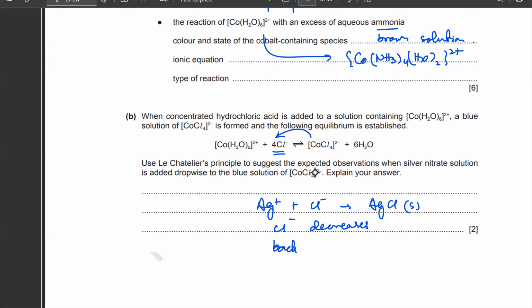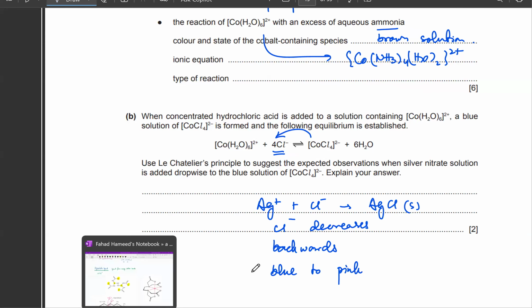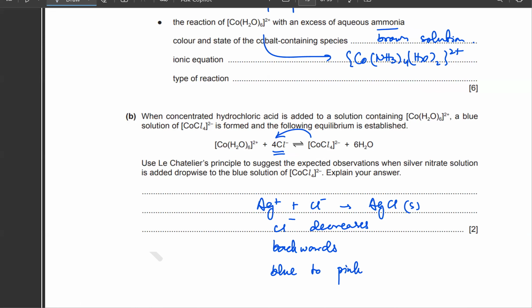So you're going to write that the equilibrium shifts backwards, and therefore the color of the solution would go from blue to pink. Is that clear that cobalt with chlorine was blue and this is pink? Is this clear? Yes, sir.